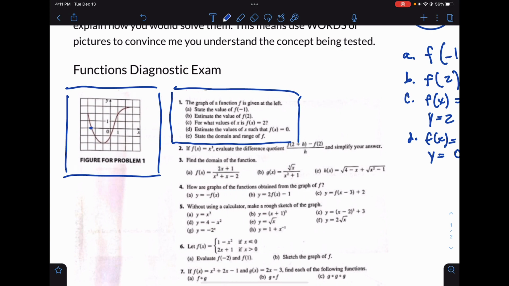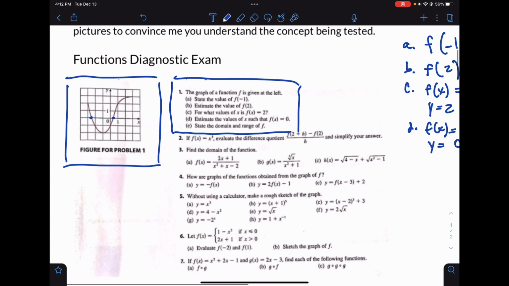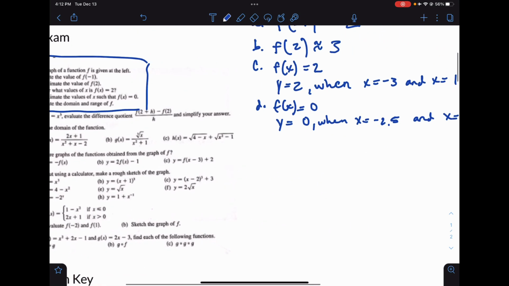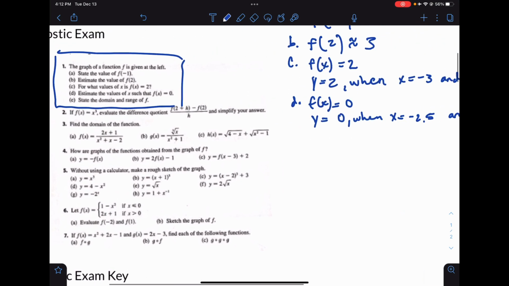So we see we have a point there and a point there. So x is equal to -2.5 and x is equal to 0.5. And those are approximate. And then the last one.